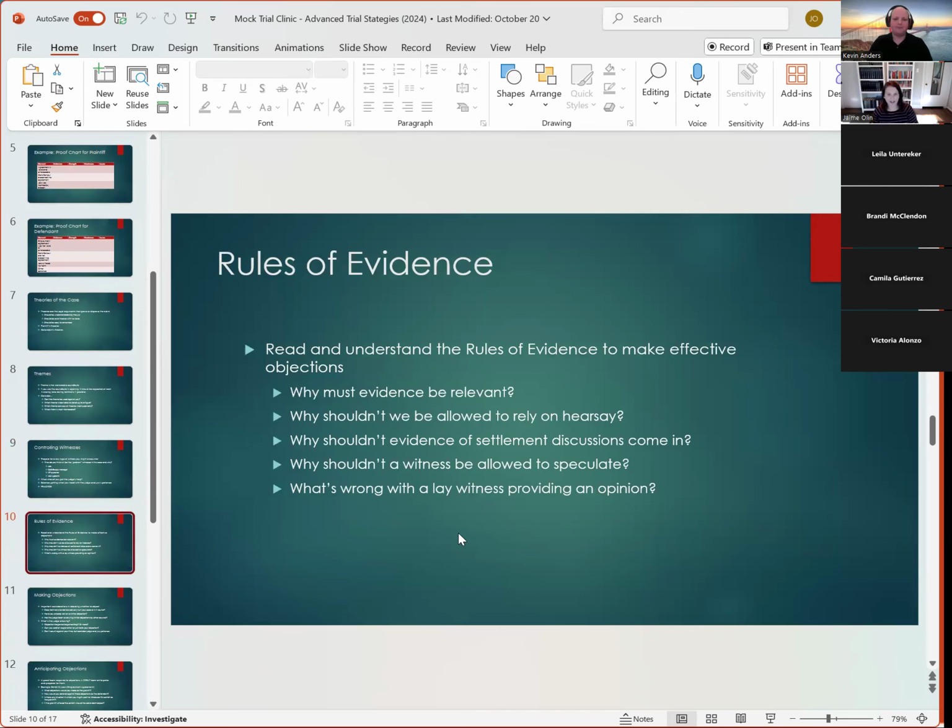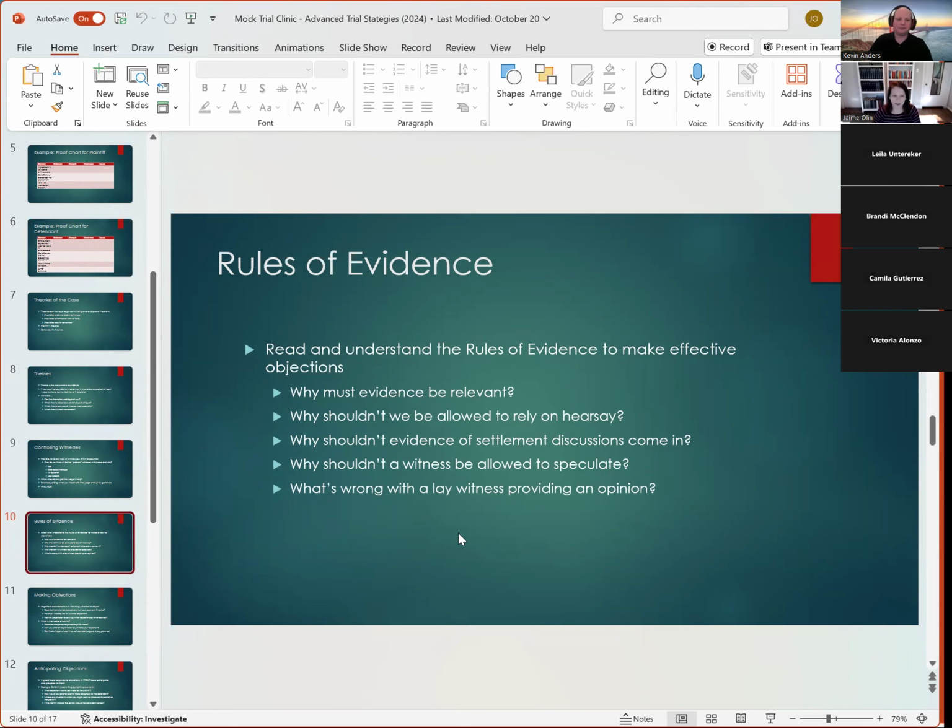Okay, rules of evidence. I'm going to go pretty quickly through this because I know you're going to be spending a lot of time, or probably already have, understanding the rules of evidence for the case. But reading and understanding the rules of evidence to make effective objections is really important. We're going to talk a bit more about objections. It's kind of my favorite thing to talk about in these clinics.